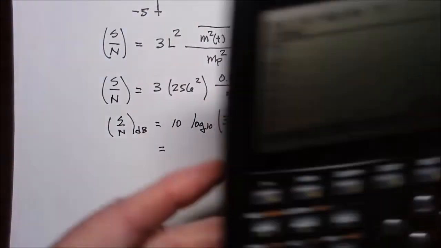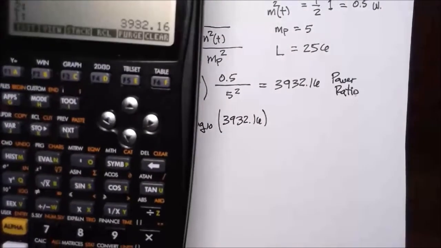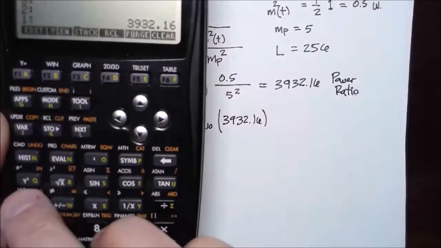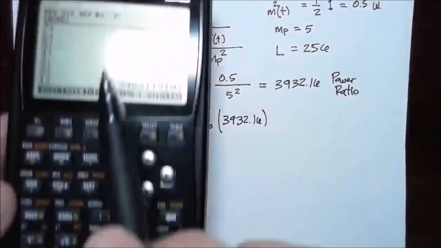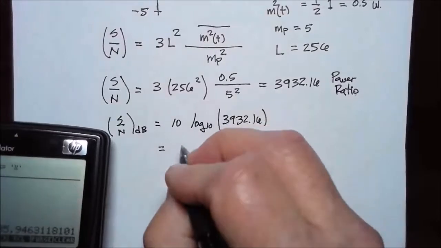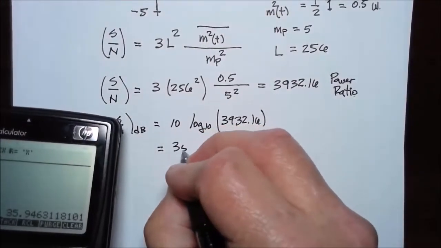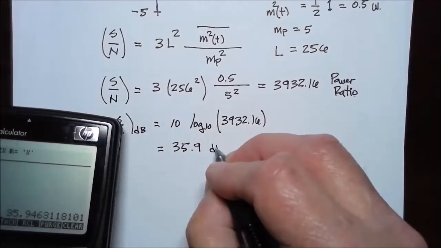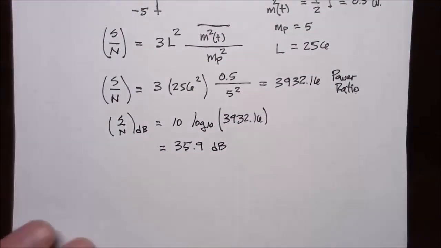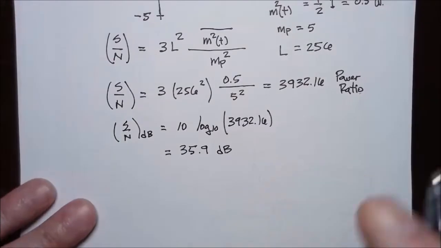And by my calculator, log base 10 and then multiply by 10, that is a signal to noise ratio of 35.9 decibels.